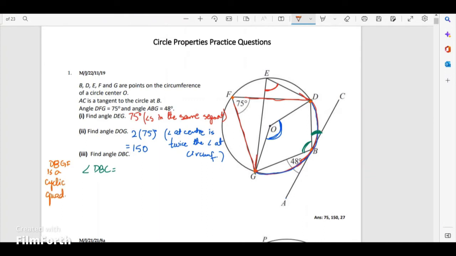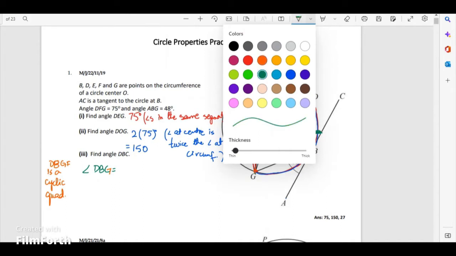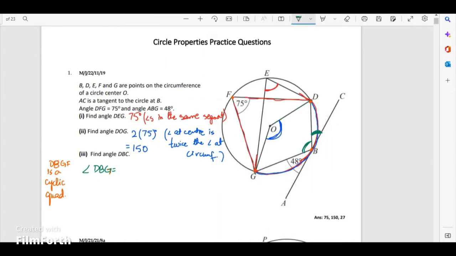So angle DBG would be equal to 180 degrees minus 75 degrees, because this angle is opposite to this angle. So I get 180 minus 75, the answer is 105. So I get to know that this angle is 105 degrees.